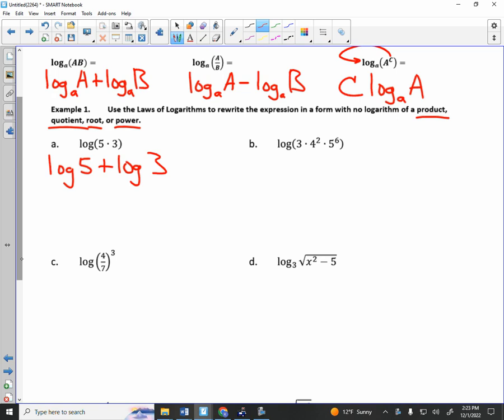In this situation, I can write log of 3. Anybody know what I do next? Good. I'll write it as plus log of 4 squared first, and then plus log of 5 to the 6th.